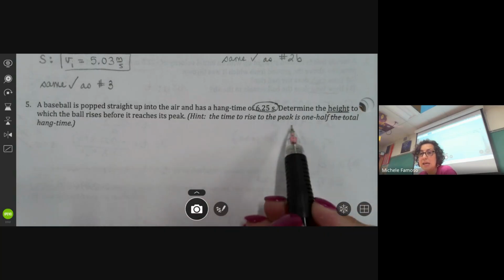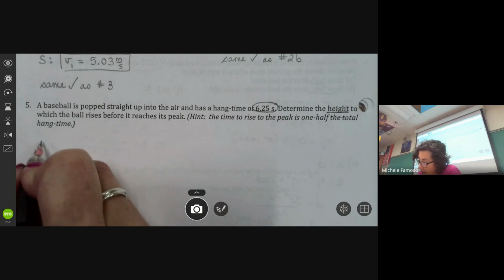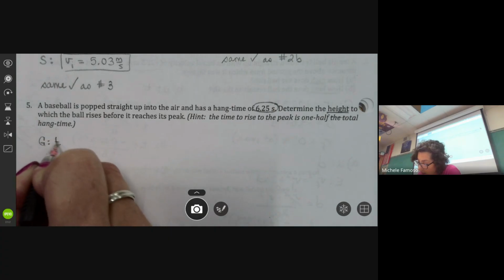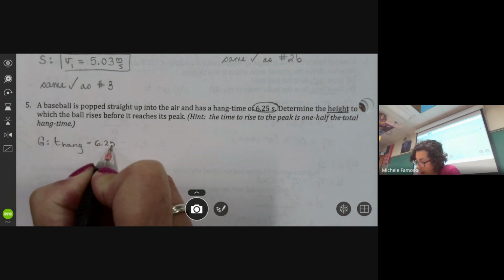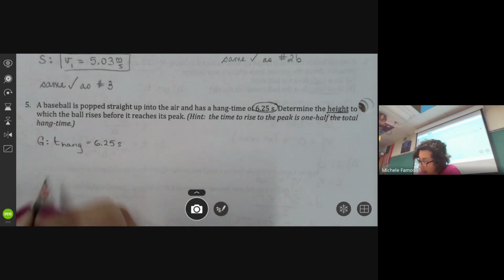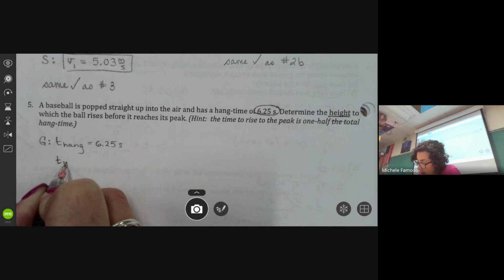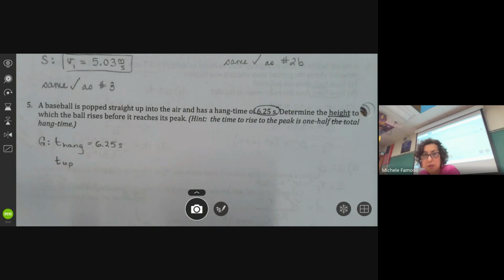Now, there is a hint given to you that the time to rise to the peak is half the total time. We should know that anyway, right? Based upon our notes from yesterday and the previous questions. They're giving you that hint because when I list my givens, this hang time isn't really going to help me out in solving the question. Instead, we're going to think about the time up.